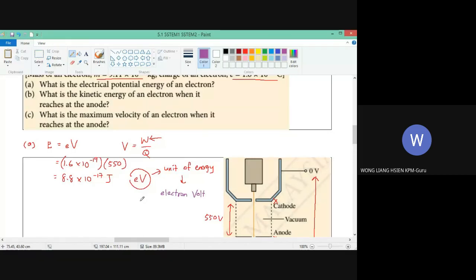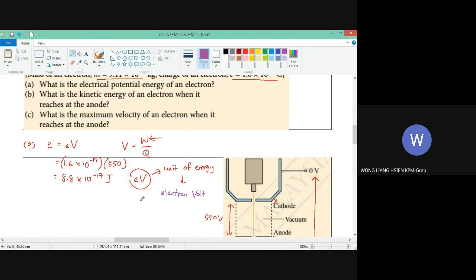So when you use the unit of electron volt, when people see 8.8 times 10 power by negative 17 electron volt, people immediately know that what we are talking about is the amount of energy that is inside one electron.